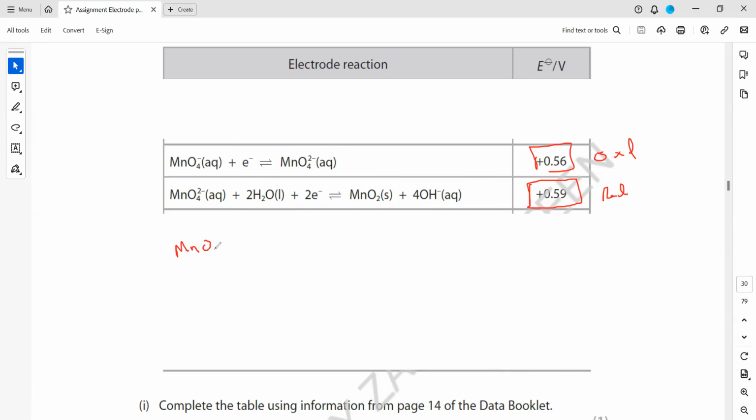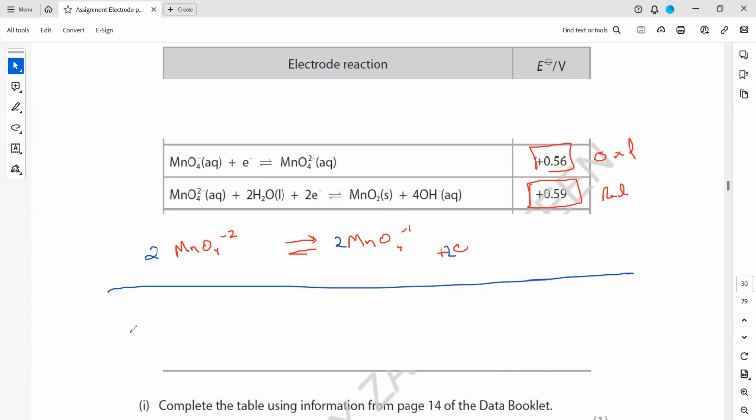It will be MnO4 2- going to MnO4 minus 1 plus e. We just switch the reactant with the product. And then, because we want to add the two equations, we multiply this equation by 2, so we'll have the same electrons. And we simply add the two equations. When we add, 2 plus 1 makes 3 MnO4 2-.